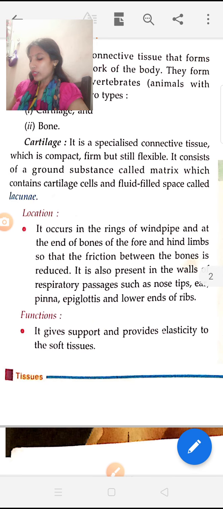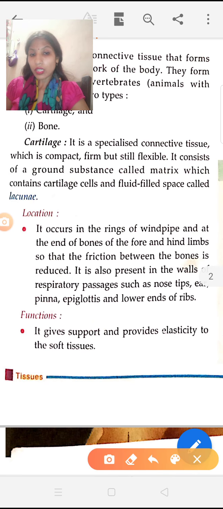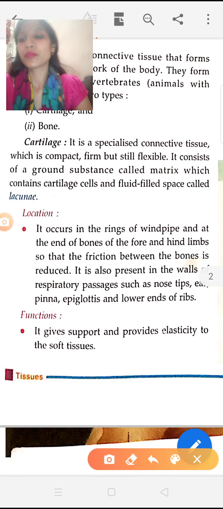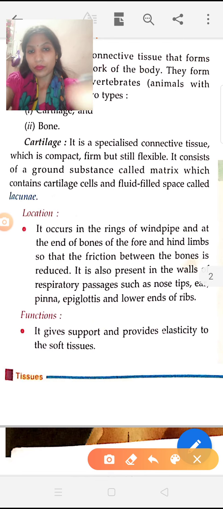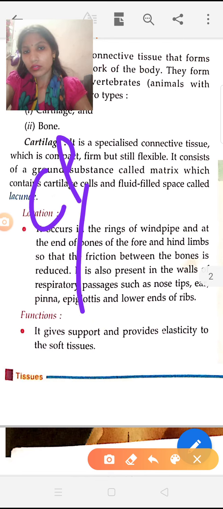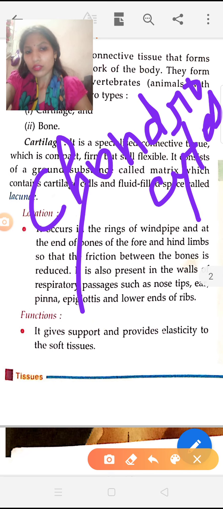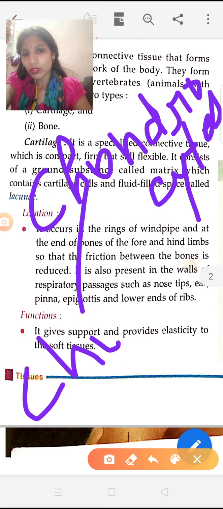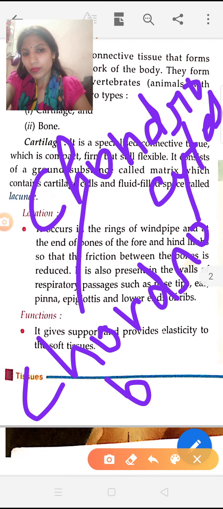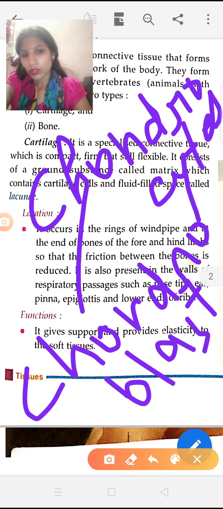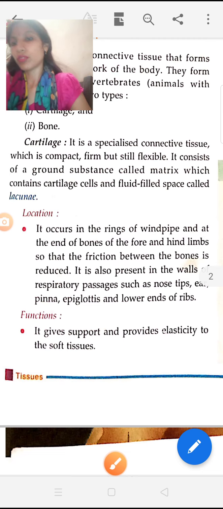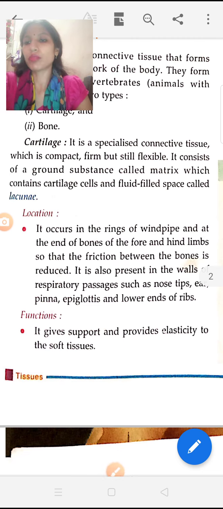The cartilaginous cells are the chondrocytes and the chondroblasts. There are also others present, but these are the main ones, so that's why I'm telling you.